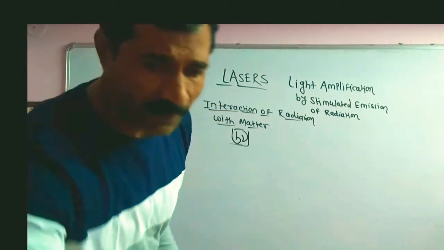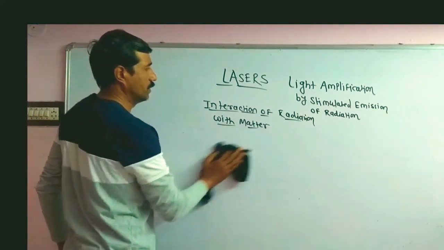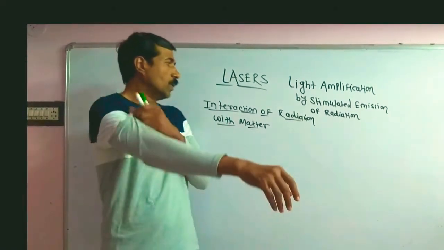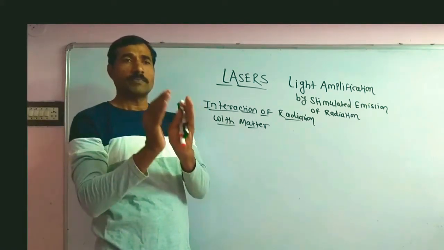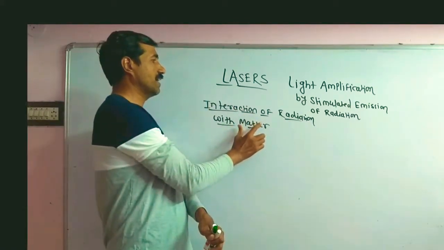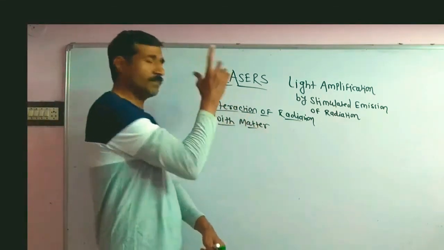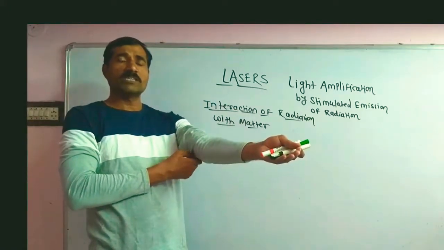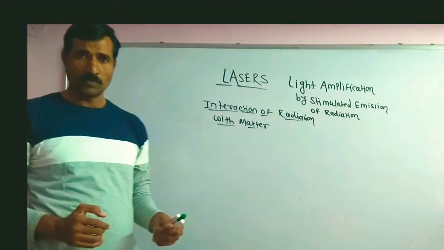So to understand the working principle of laser, we need the interaction of radiation with matter. It means this radiation takes place in a material medium. Matter means a material medium, which is composed of identical atoms or molecules.